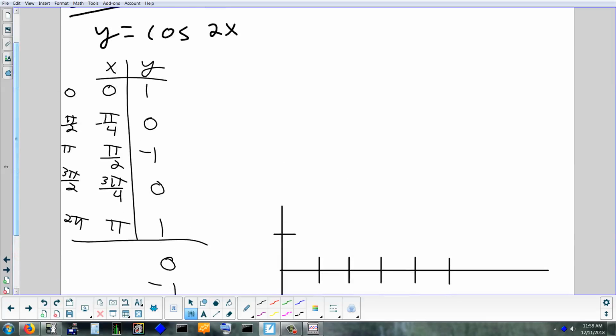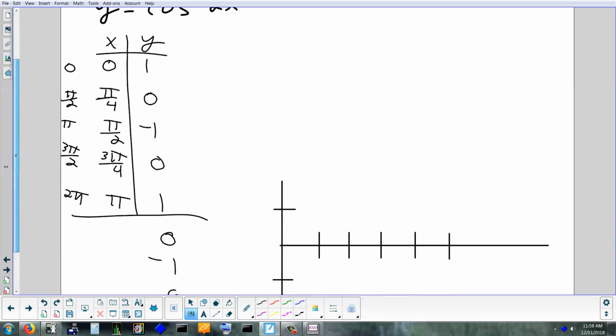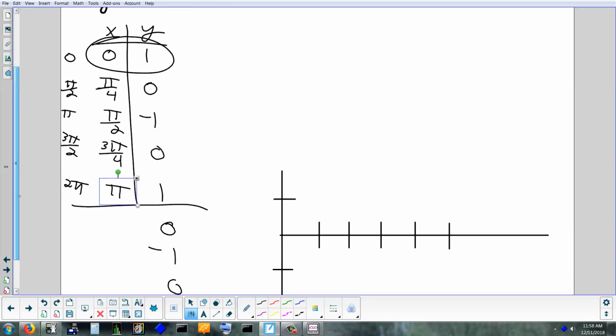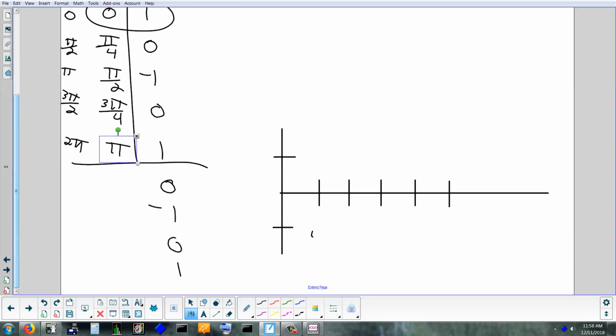Okay, so let's label our axes. If I look at these in degrees, that's 0, 45, 90, 135, 180. They're all 45 apart, and I didn't skip over my axis, so I'm not going to have to skip anything here. So pi over 4, pi over 2, 3 pi over 4, and pi.